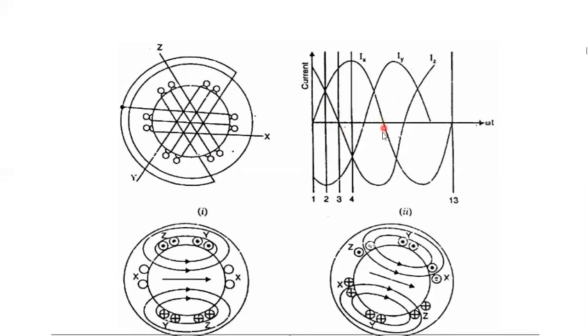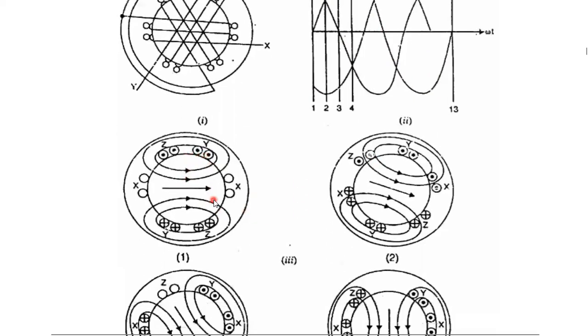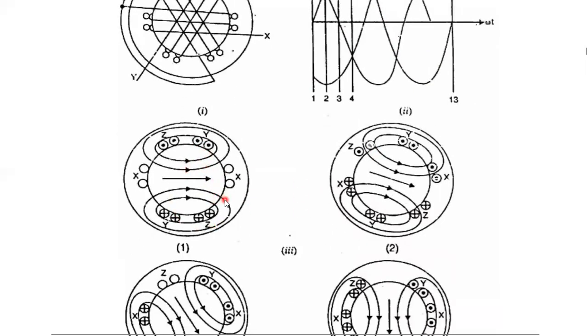That means for a complete cycle, the field rotates 360 degrees. So for one complete cycle, the field rotates one revolution.